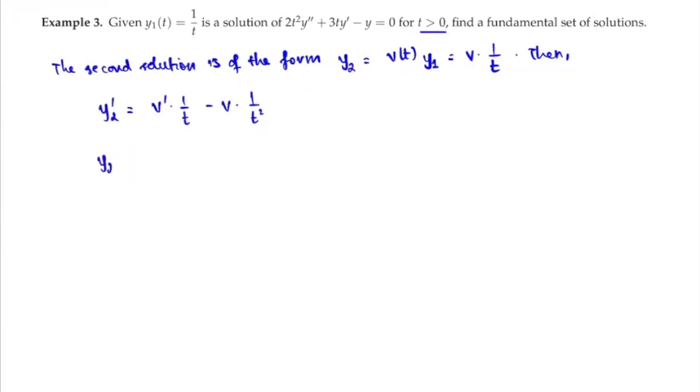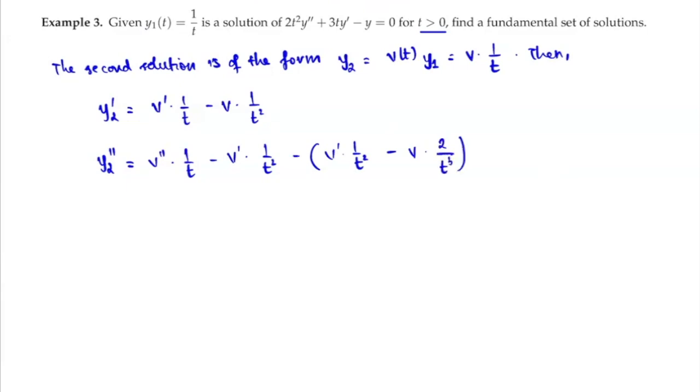Now for the second derivative, again, v double prime times 1 over t minus v prime times 1 over t squared. So these two terms are from the derivative of the product, v prime times 1 over t. Next, I'm going to take the derivative of this product, and I get v prime times 1 over t squared, minus v times 2 over t cubed.